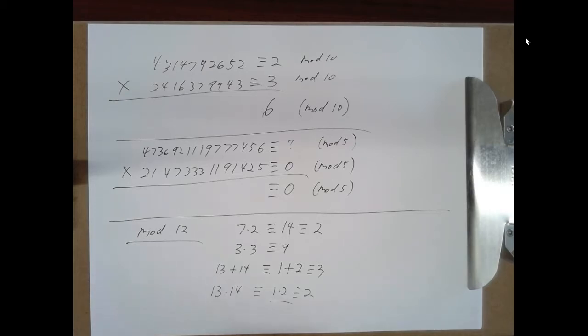All right, here's a weird one. What is 3 times 4 congruent to? 12, which is also congruent to 0. And this is our first hint of something different.